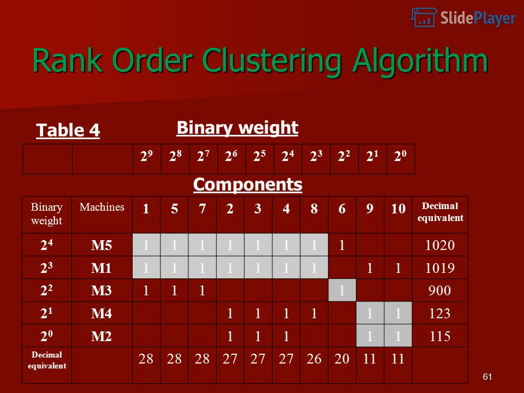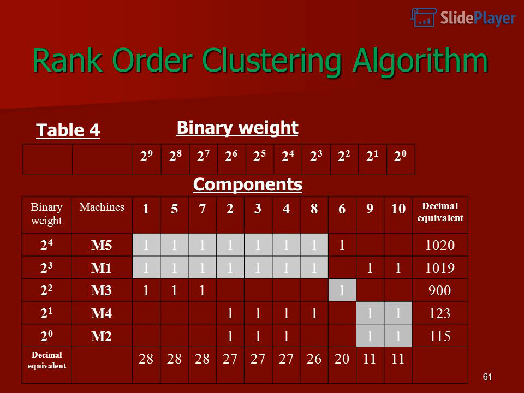Table 4. Binary weight 2^9 down to 2^0. Components reordered 1, 5, 7, 2, 3, 4, 8, 6, 9, 10.